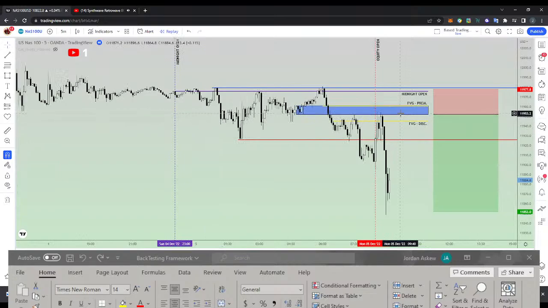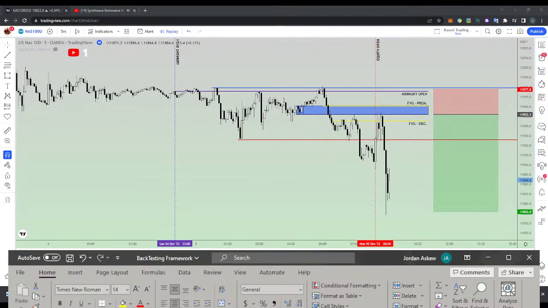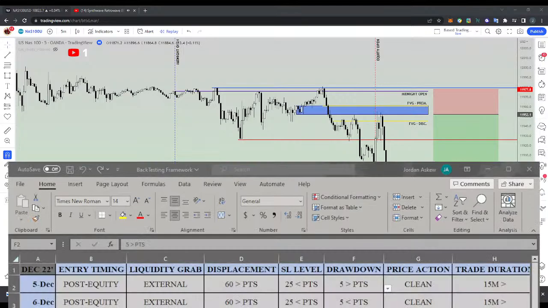So that's 11,951, 11,954, let's call it 55. So less than 5 points of drawdown, which is absolutely beautiful accuracy. So we'll move this to right there so you can see. All right, so less than 5 points drawdown. Let's select that.